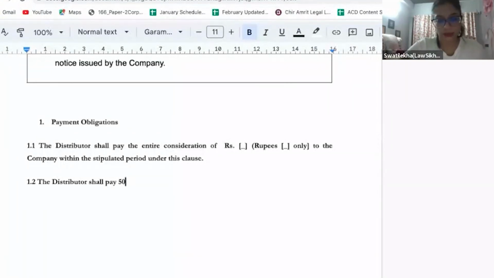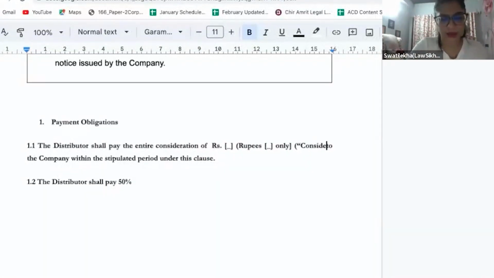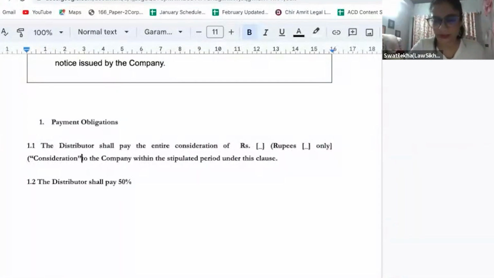Here I can do one thing. These are just certain things you can take as tips here. This total consideration amount, I can just define as Consideration, or any word that you think is fit here. I'm just defining it as Consideration so that I don't need to call out this entire amount again and again. Okay? Shall pay 50% of the Consideration. Since I have defined it here, I'm going to capitalize Consideration.